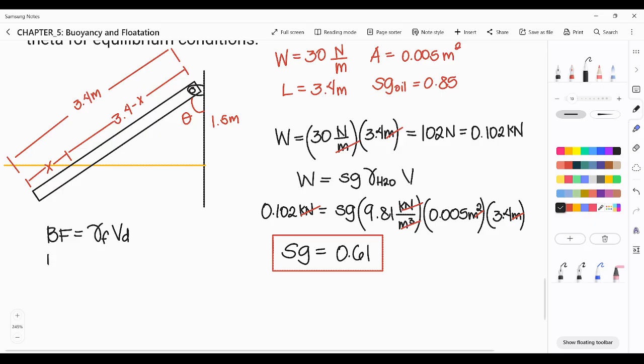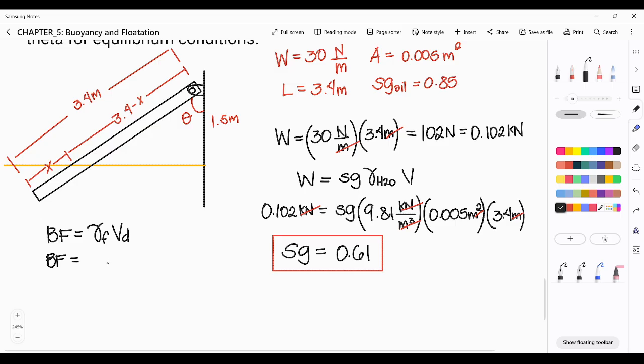The buoyant force, plugging in our values, dito sa ating diagram, nilagay ko dito na x is yung nakasubmerged na length, which is from here papunta dito sa part na yan. Yan yung nakalubog sa oil. And then, itong habang to, syempre 3.4 yung haba ng board natin. So, to get this length from here to here, bawas mo lang yung x, yung nakalubog.